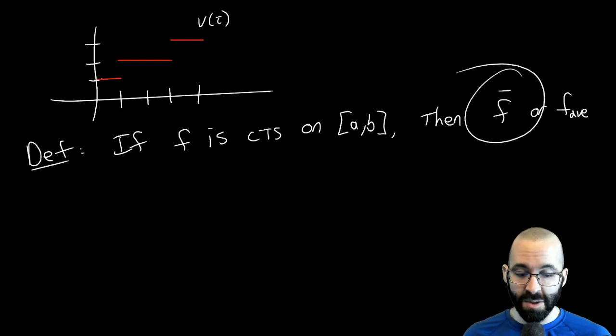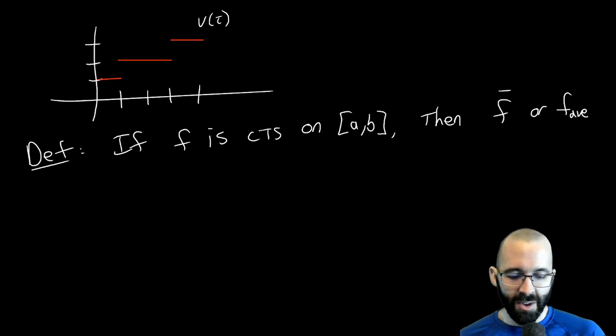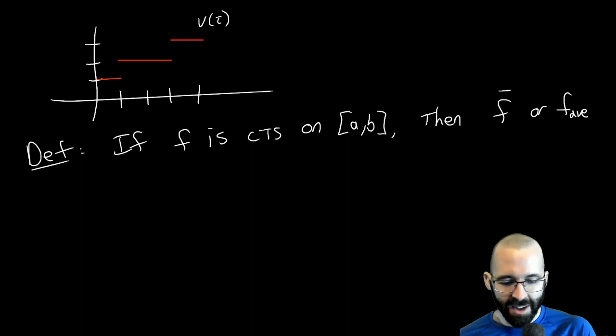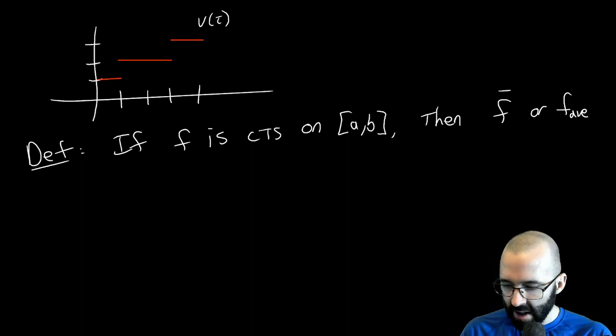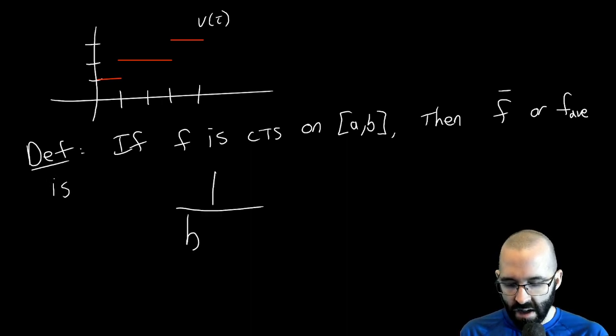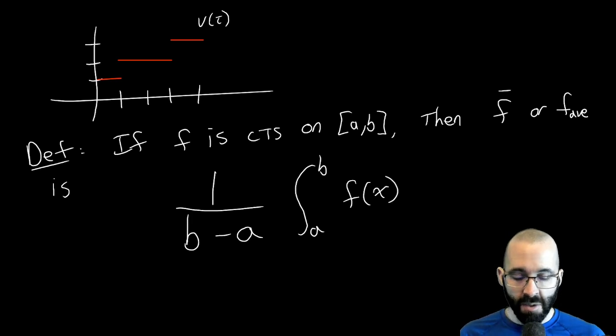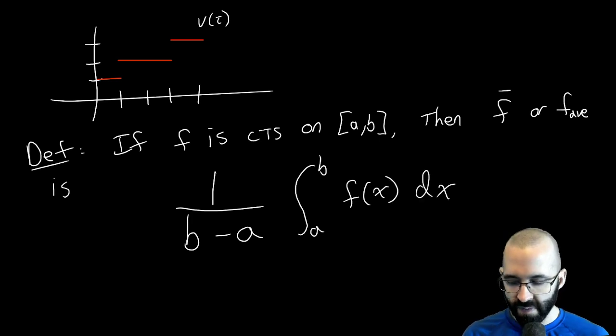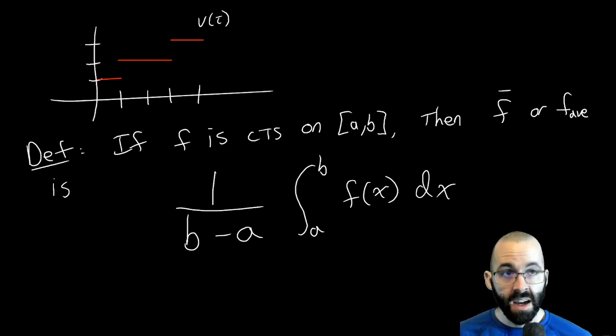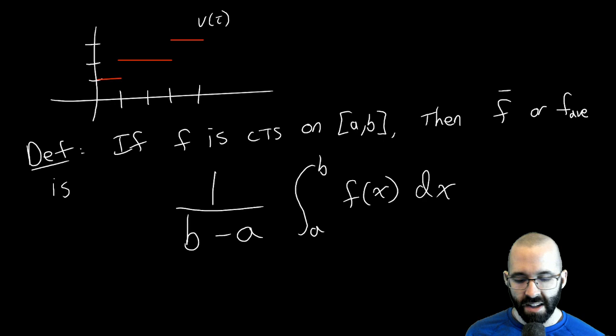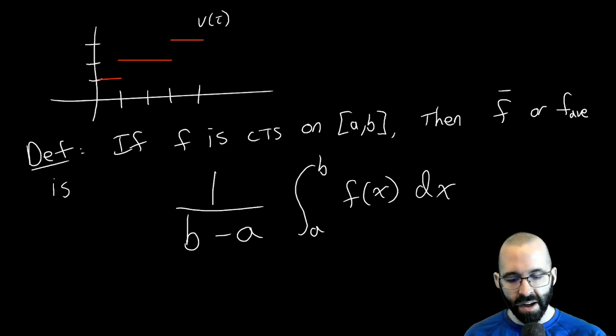I think f bar is much more common, but I'll try to be consistent with the book. It is the average of this function, and it's 1 divided by b minus a, just like we had, times the area. What's the area? The integral from a to b of the function with respect to x. So that's how you find average values of functions: just the area divided by the length of the interval.